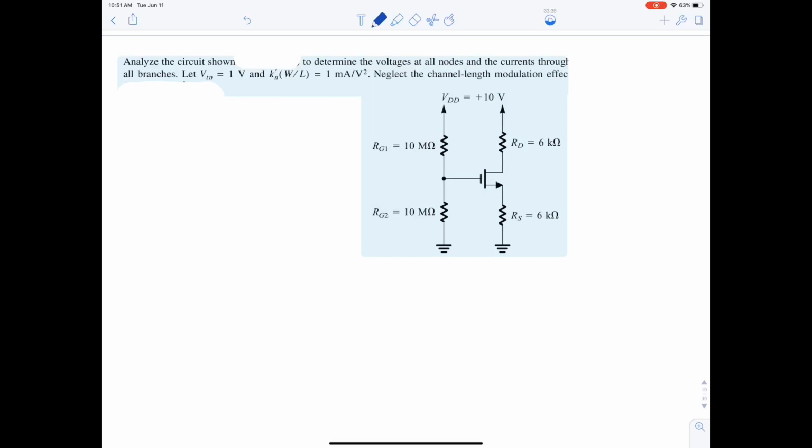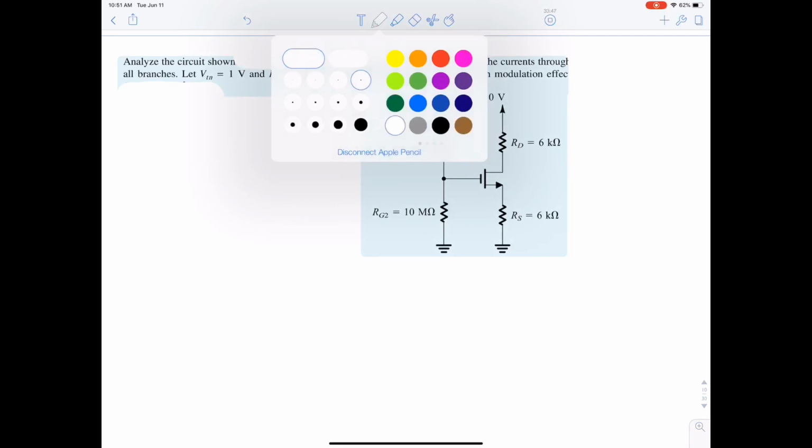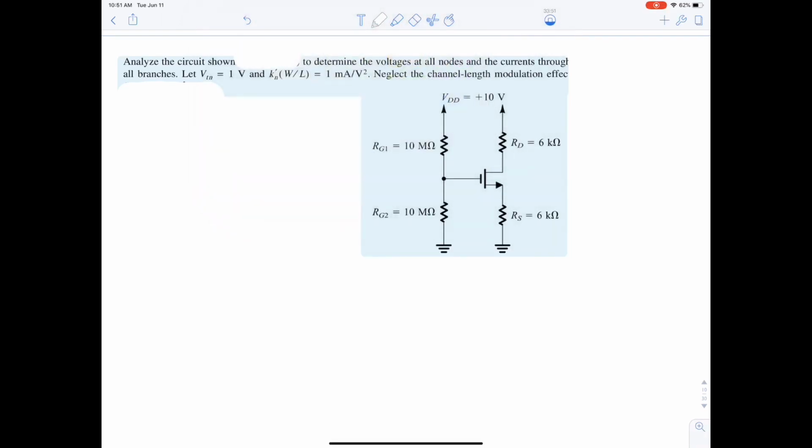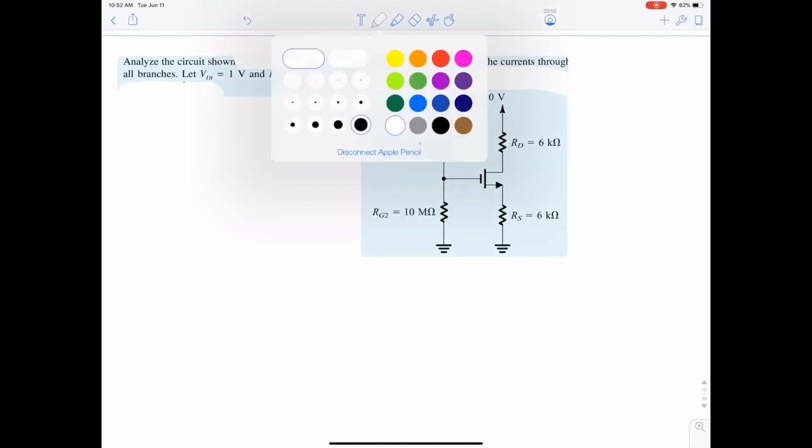Let VTN equal to 1, Kn prime W over L equal to 1 milliampere per volt squared. Neglect the channel modulation effect. We're not going to discuss in detail what those things are. Let's just ignore them. I just want to discuss the basic things.